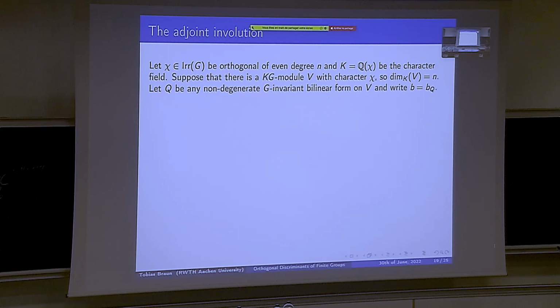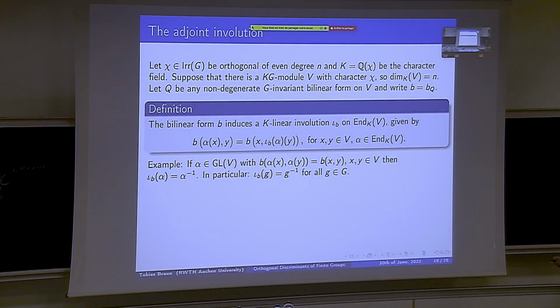Now we suppose that there's a KG-module V with character chi, and we take q to be some non-degenerate G-invariant bilinear form on V and write b for b_q. We have an orthogonal character of even dimension. If you remember, we had this space of non-degenerate invariant forms, and now we take any of these, which is q, and denote its induced form by b_q. So that's just the basic setup.